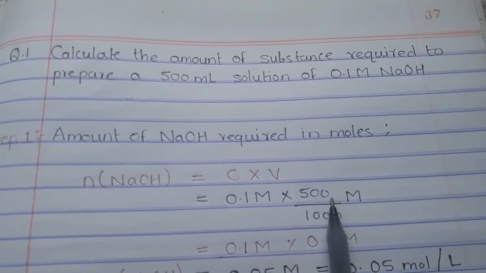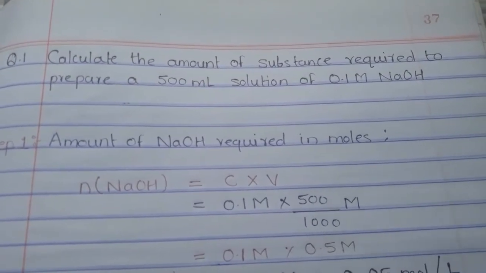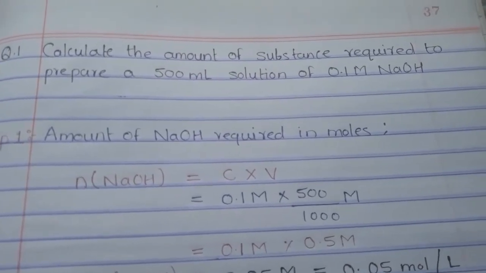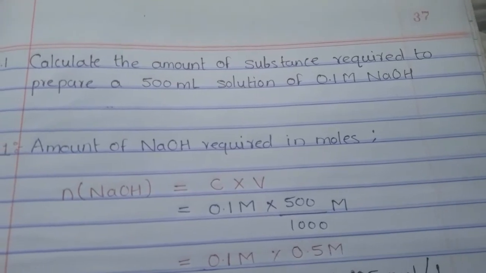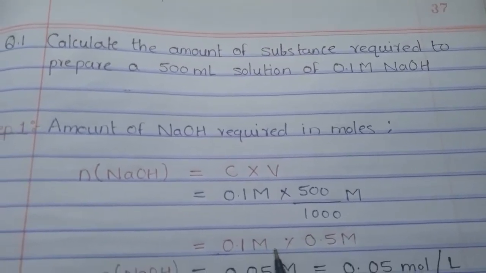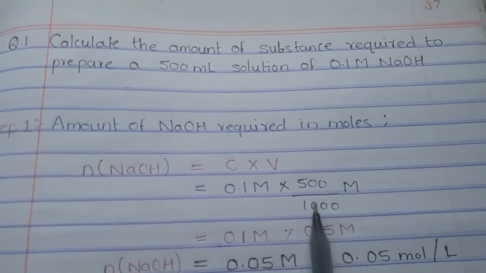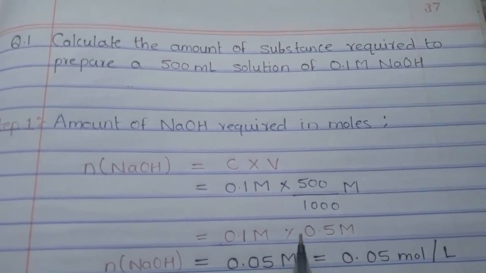Always remember, whatever volume is given in the question, you simply divide it by 1000. Here I have divided by 1000, so I have got 0.5.